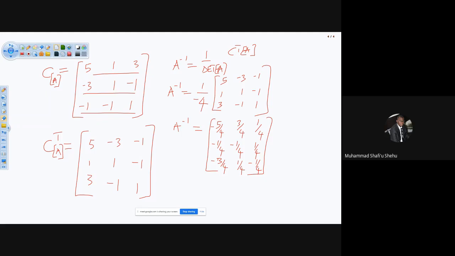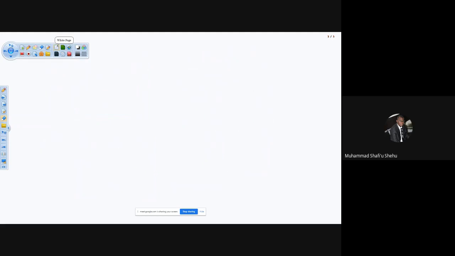And remember, for us to find our x, we have to multiply our inverse matrix with our B matrix. So the next thing to do is to multiply our inverse with our B matrix for us to get our x. Remember, our x is our I1, I2, and I3.